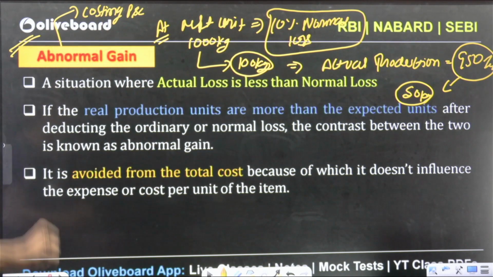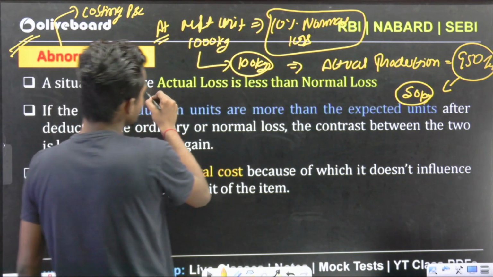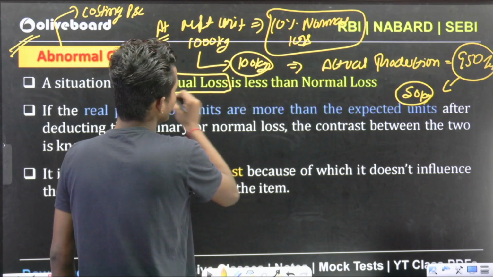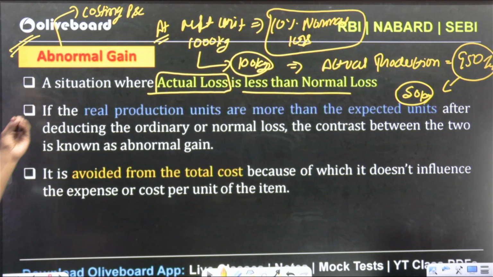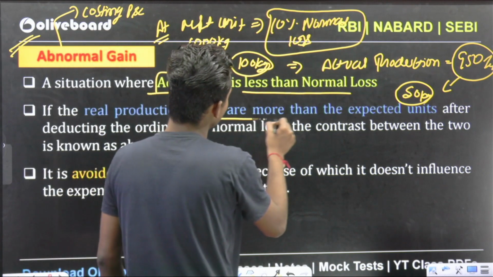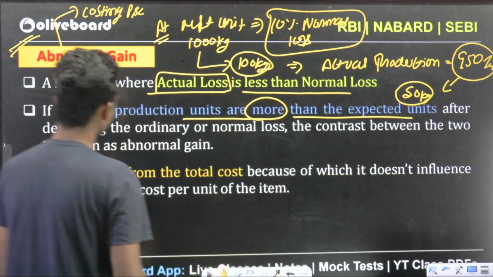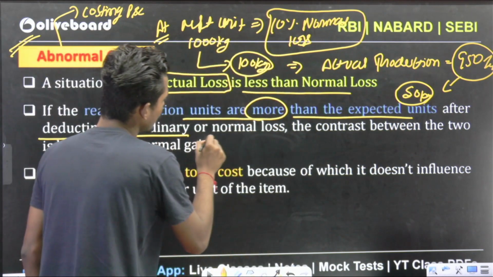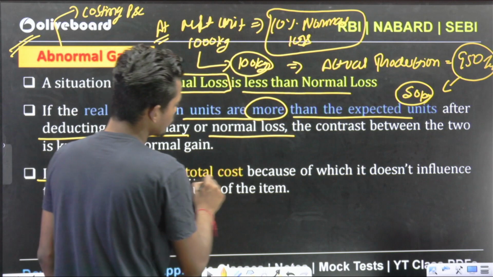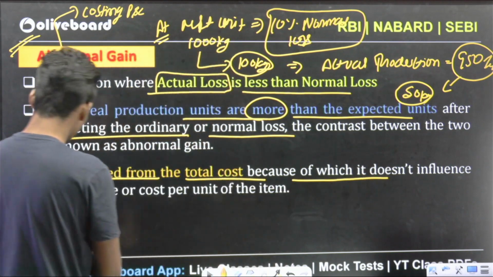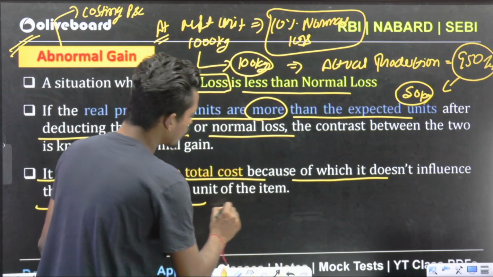So what do we mean by abnormal gain? It is a situation where actual loss is less than the normal loss. Real production of units is more than the expected units after deducting the ordinary or normal loss, so that is your abnormal gain. It is avoided from the total cost because it does not influence the cost per unit.